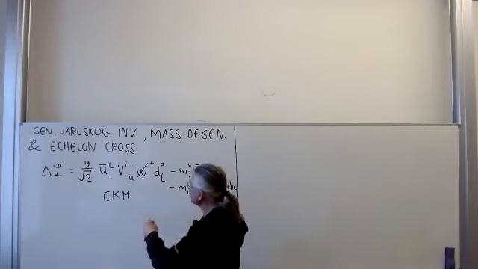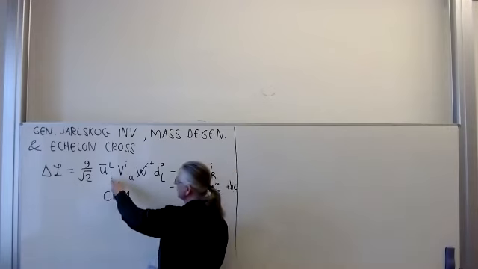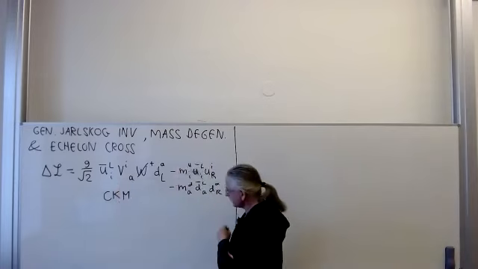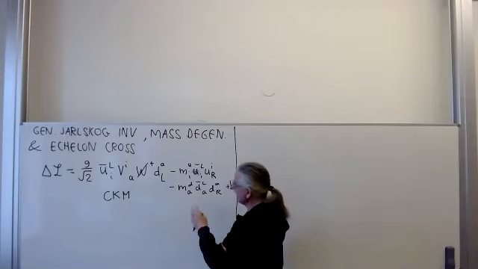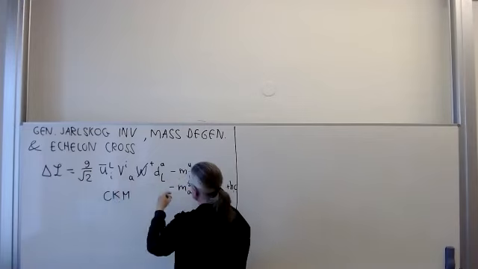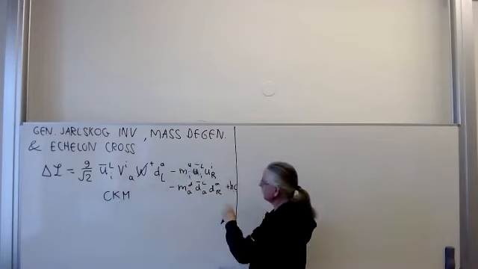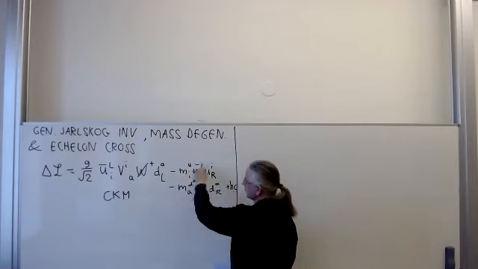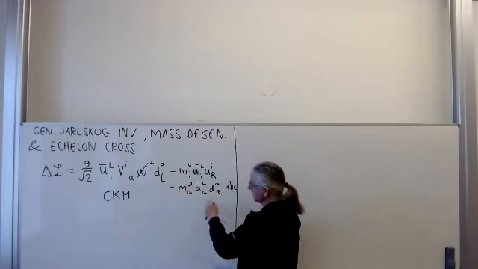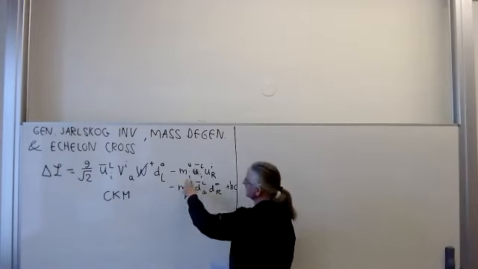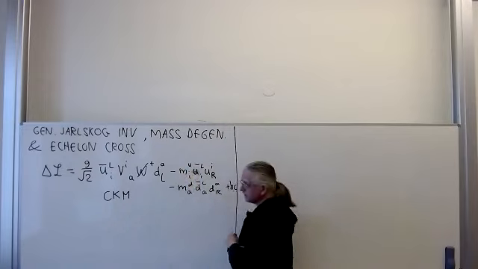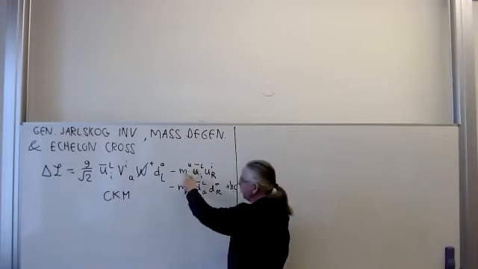And then I want to generalize this to not just three generations, but maybe n generations. Here I have written it in a mass basis: these are the mass terms for the up type, and here the mass terms for the down type. And then there could be degeneracy, which means the masses could be the same for different generations of quarks.